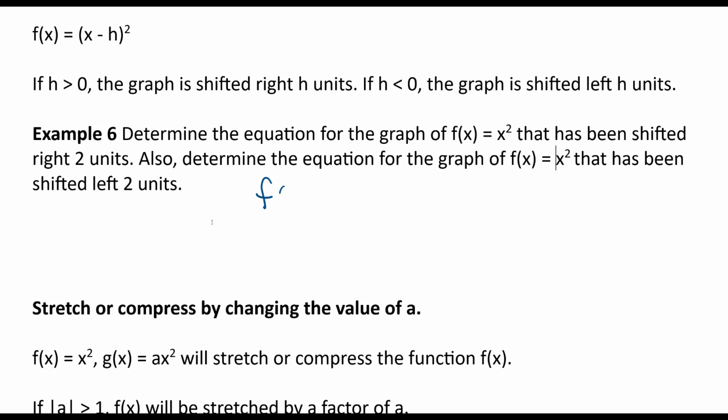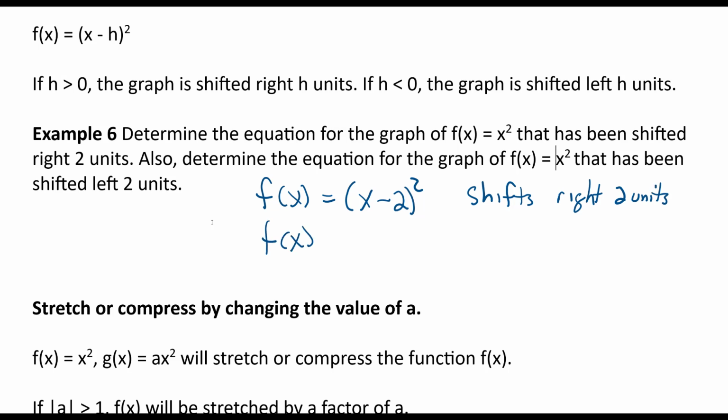So f of x equals x minus 2 squared shifts right 2 units, and f of x equals x minus negative 2 squared, which is x plus 2 squared, shifts left 2 units.